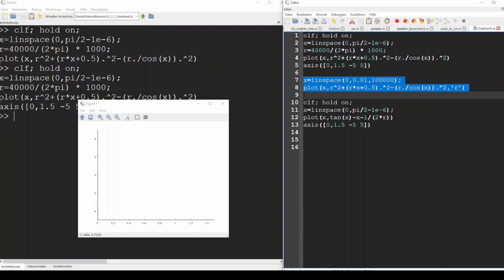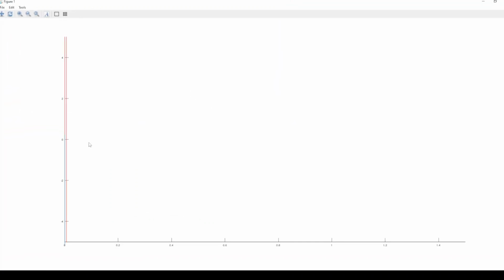Okay, so if we run that, then we see at least a little bit here the structure of the function. It starts at 1 divided by 4, then it increases, then comes back, and here is the root. Where is that root?